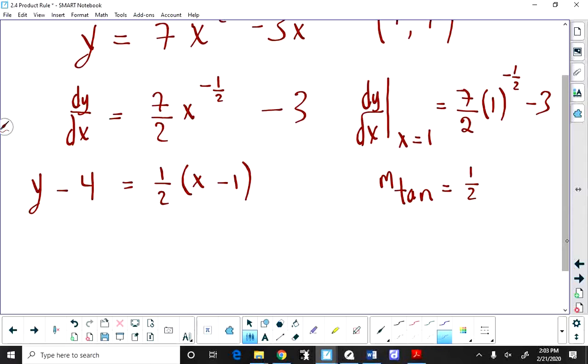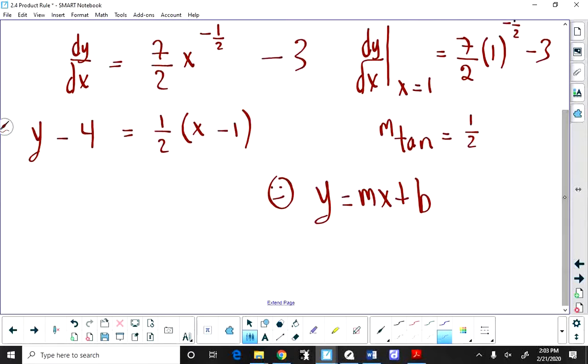By the way, I really don't like having equations this way in this course when we're finding equations of tangents. I'm kind of indifferent to this, it doesn't matter, but I would much rather have ax plus by plus c equals 0.